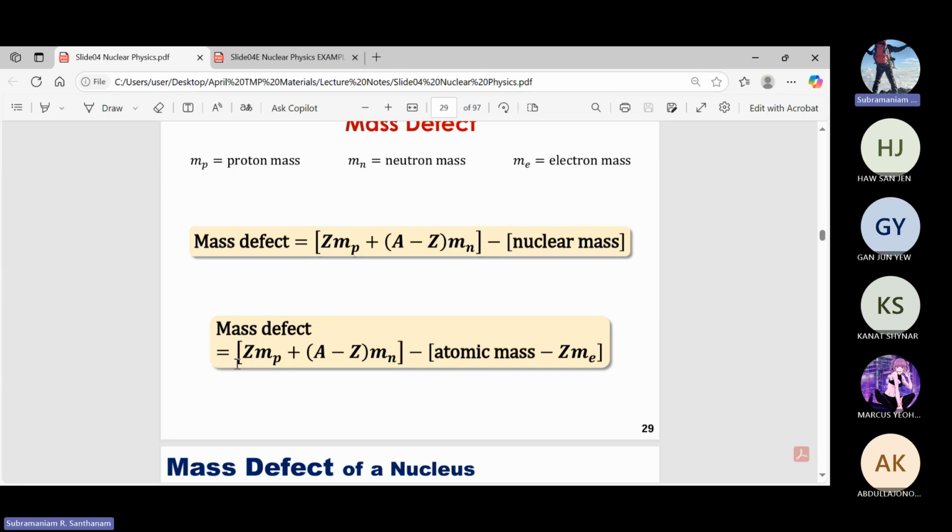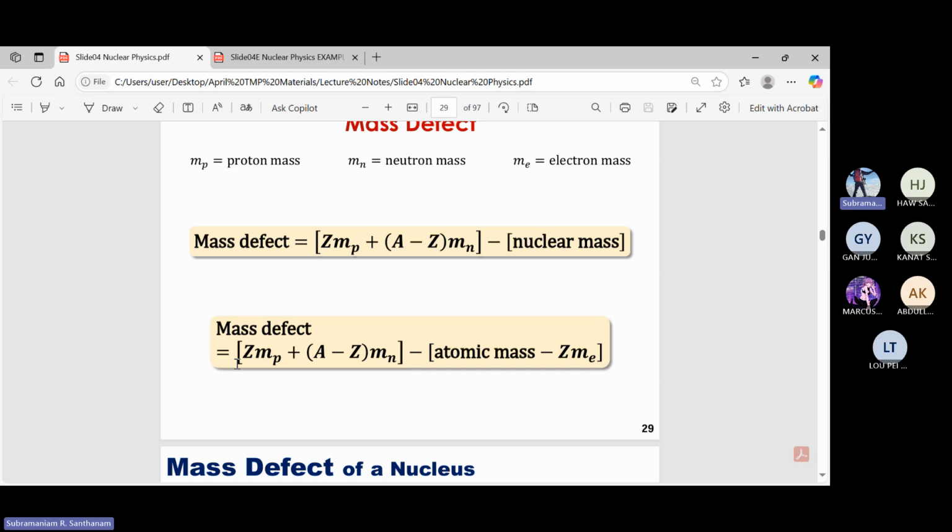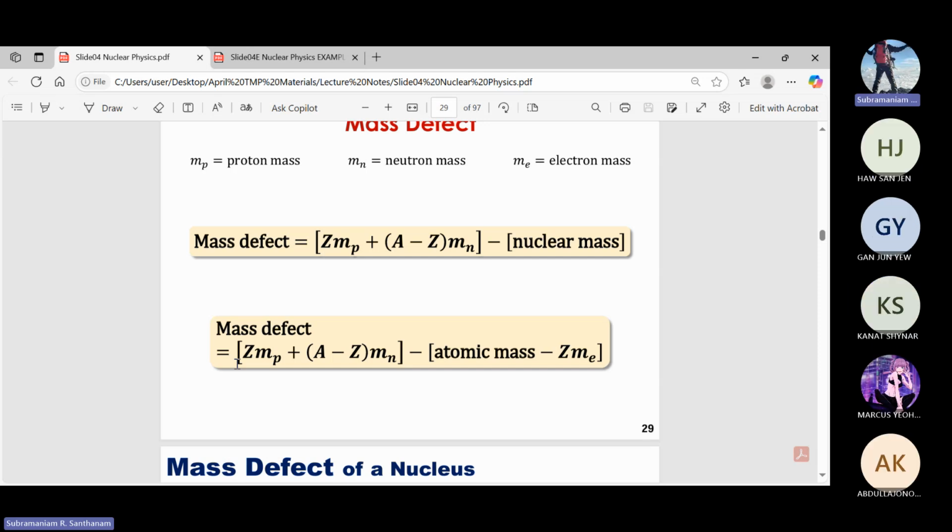Therefore, you must take the total mass of the protons plus the total mass of the neutrons, minus the nuclear mass, which is the total mass of that nucleus. That will give you the mass defect.